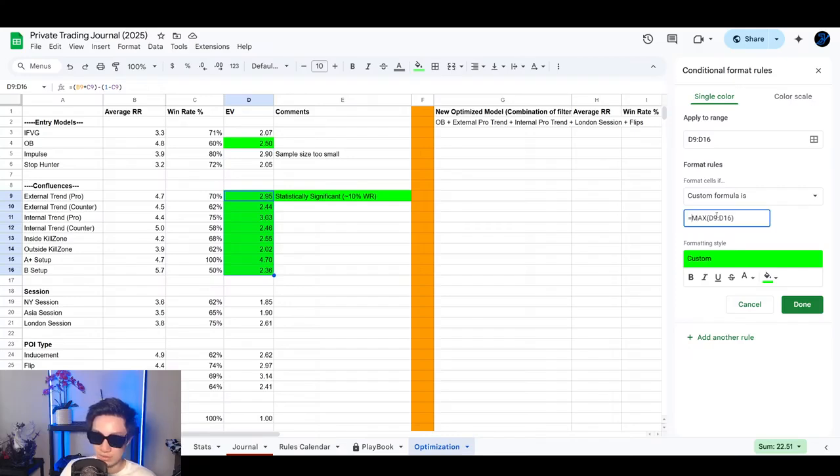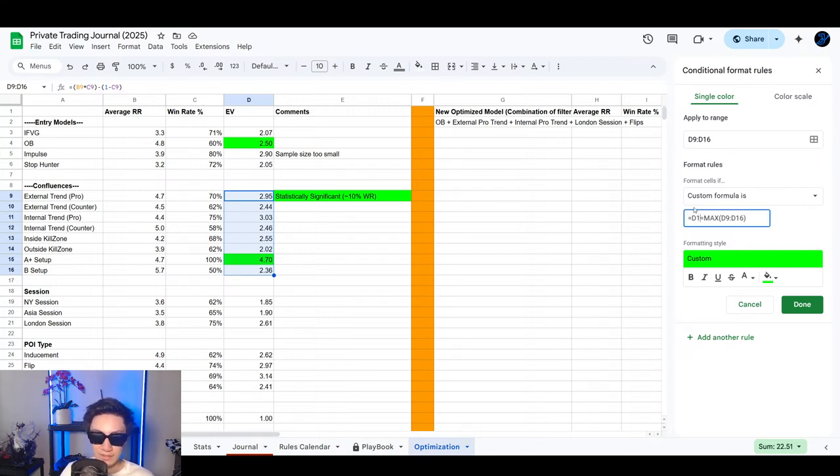I'm gonna see if this works here. Oh wow, it does. Wait, why is it only how? Why do I have to do that to do that? D9 and it equals D9. Interesting.